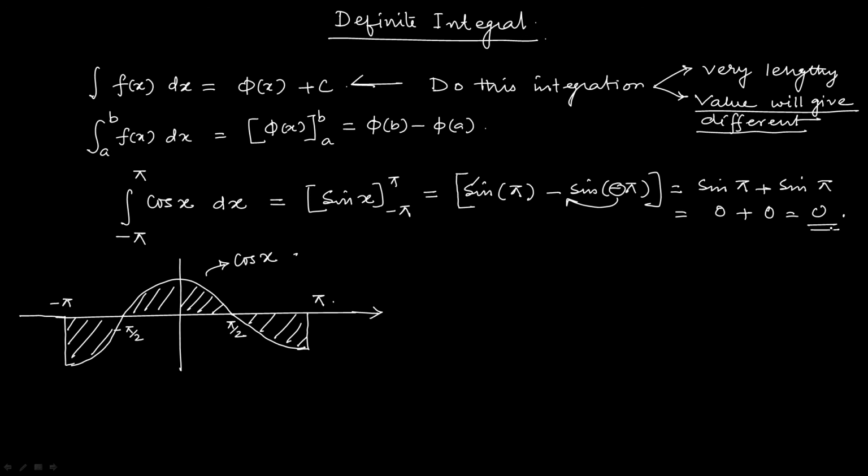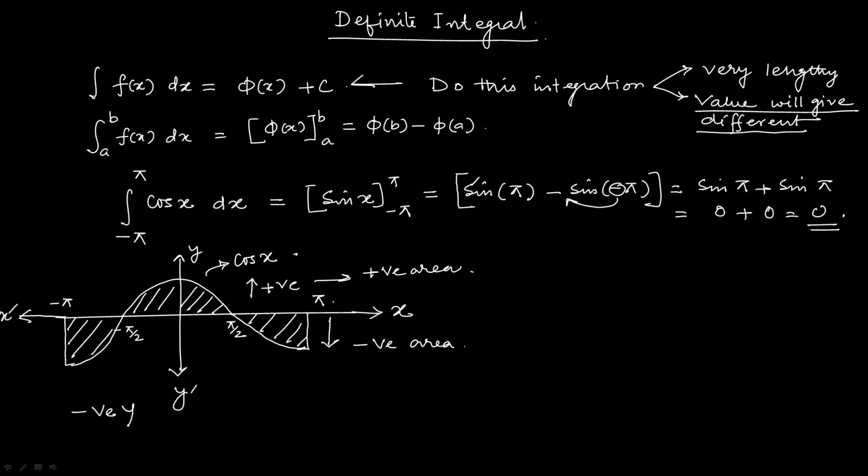Why this 0 is actually coming, we have to see. Here, this is the y axis, this is y dash, this is x and this is x dash. Whatever area is in the positive portion will be taken as positive area, and whatever area is at this side will be taken as negative area, because y is negative on this side.